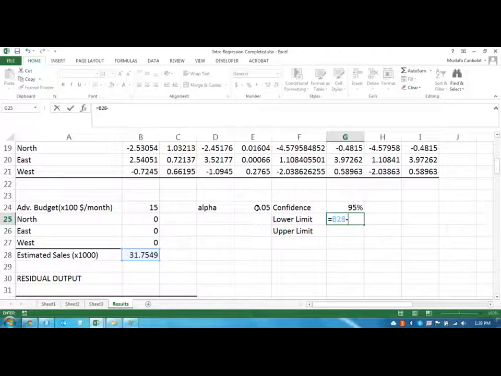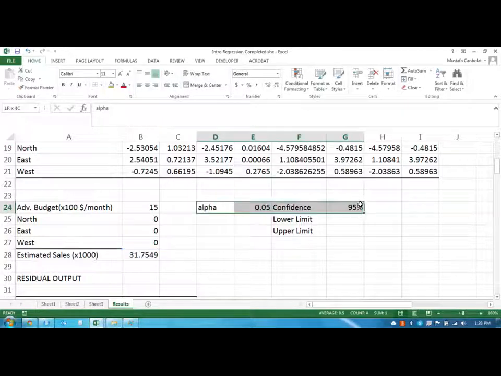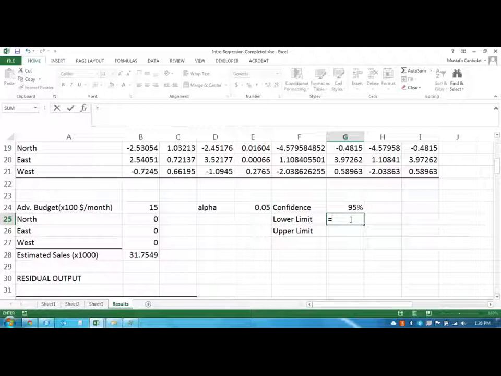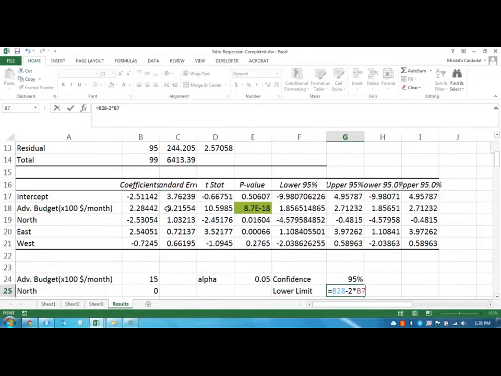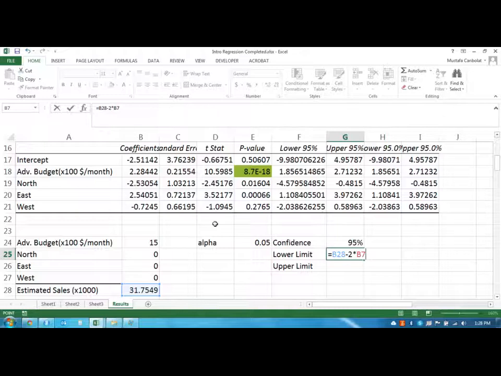So let's just ignore the alpha, and utilize the 2 as our z-value. So the lower limit is the estimated sales minus 2 times the standard error, and the standard error is 1.6, and the upper limit is the estimated sales plus 2 times the standard error.